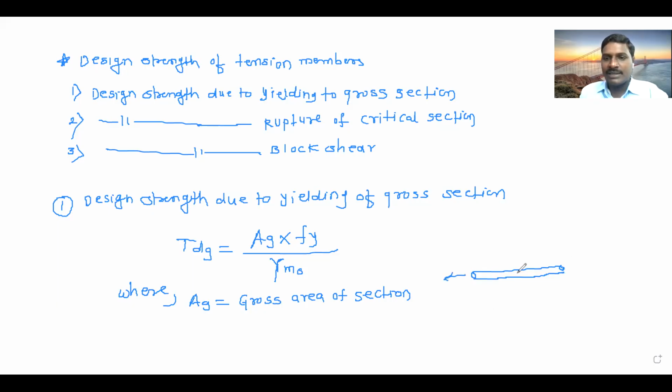and if we apply the tensile force, then what is the design strength due to yielding? Yielding means if we apply the tensile force on this particular bar, at that time the elongation of the bar takes place.